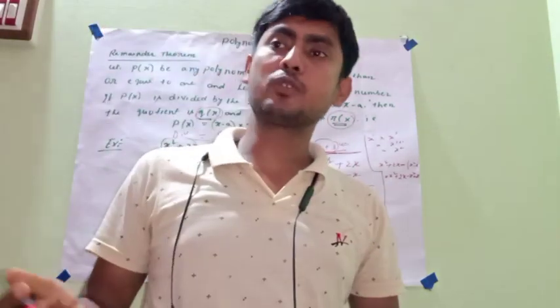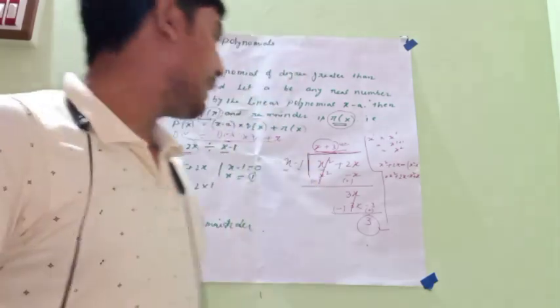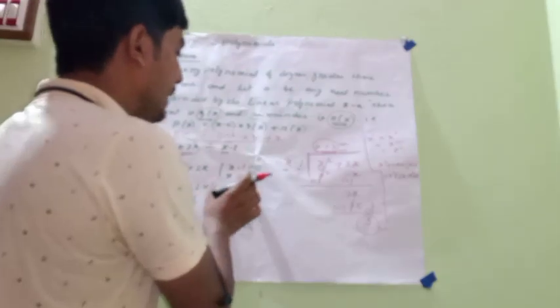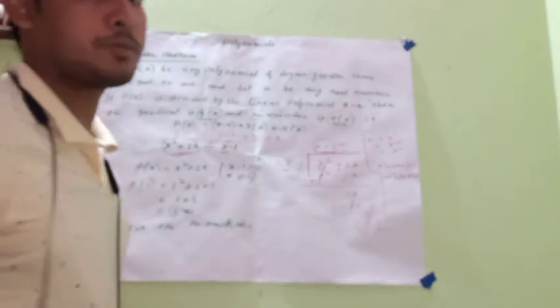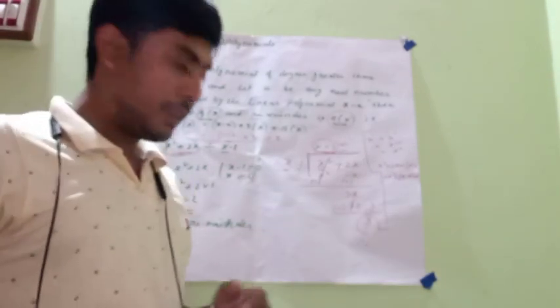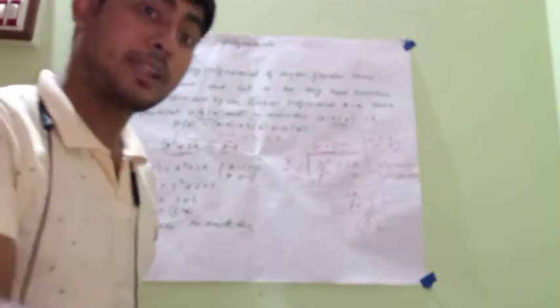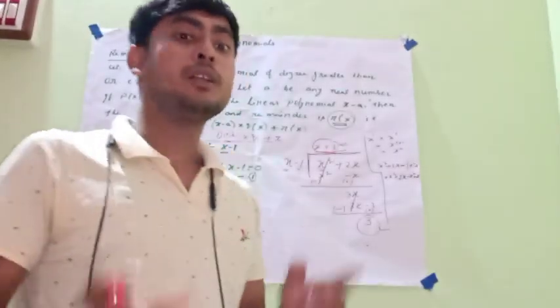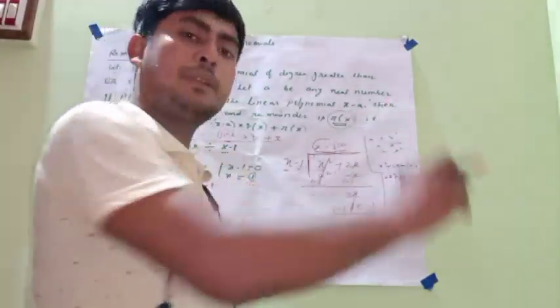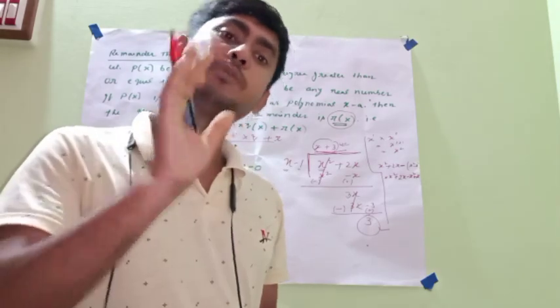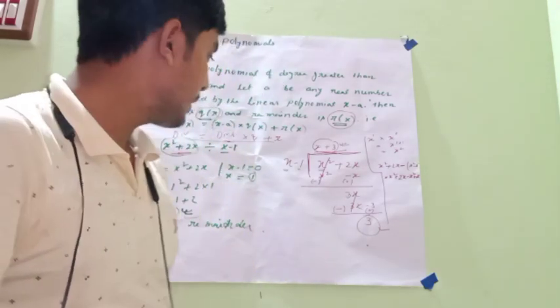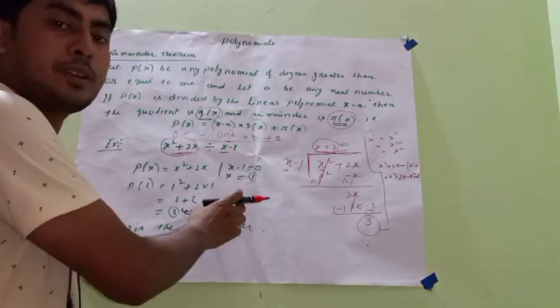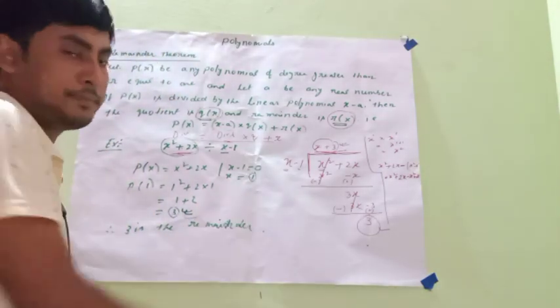And if the question is only the remainder, then you can use either method, either remainder theorem or long division method. And if the question says find the remainder by using the remainder theorem, then you have to do the remainder theorem only. Or if it says find the remainder by using the long division method, then you have to use long division only. Understood? Is it clear to you? What is the remainder theorem? Okay, next.